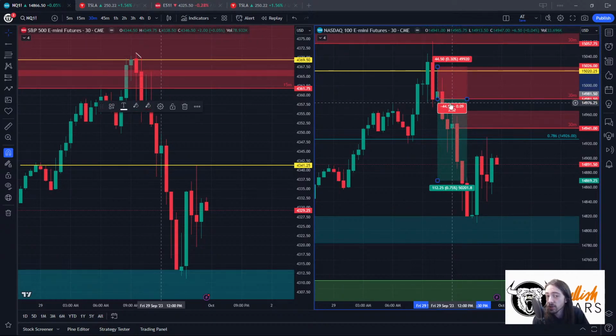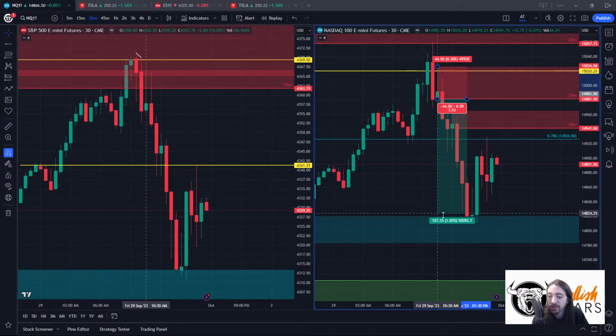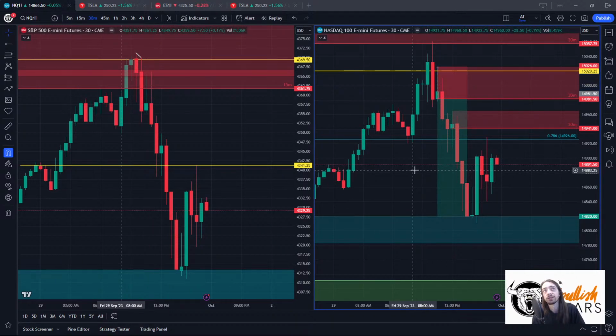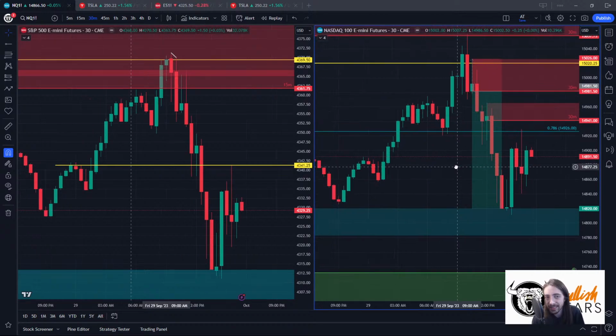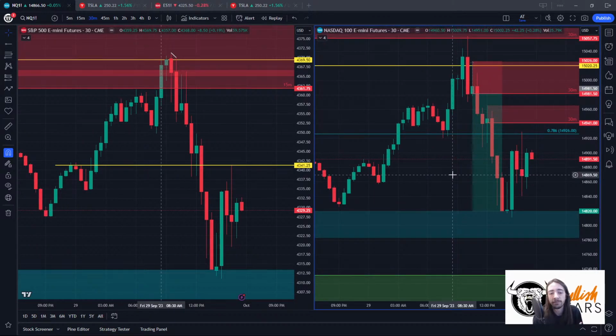That gives us a 2-to-1 risk to reward. The area of interest gives us over 3-to-1 risk to reward, and those are really nice trades that we could take, and take with ease, right?